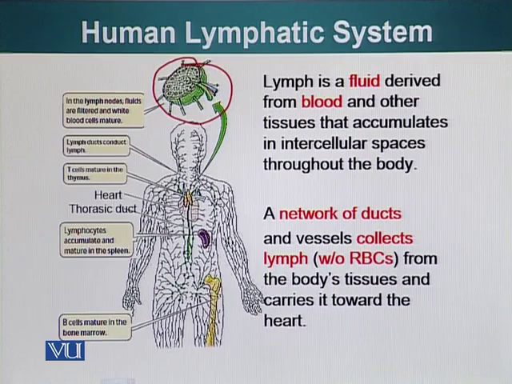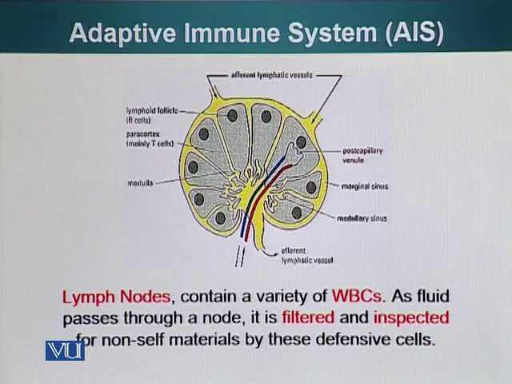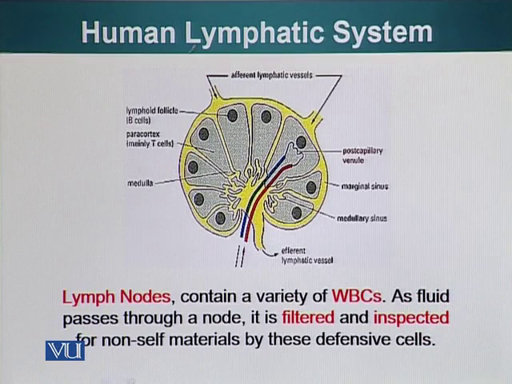So let's see a larger picture of these lymph nodes. Here's a lymph node. The lymphatic fluid comes into the lymph node, and here it gets filtered. There are specialized areas of the lymph node where specific cells live.